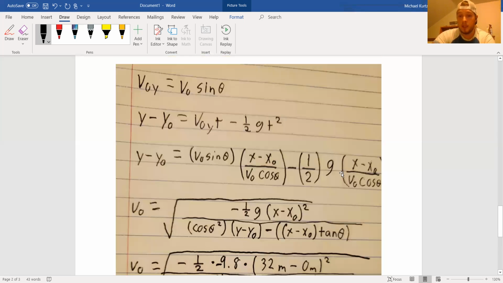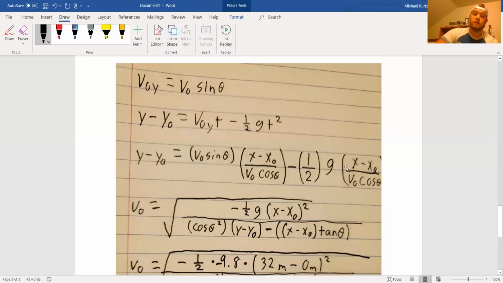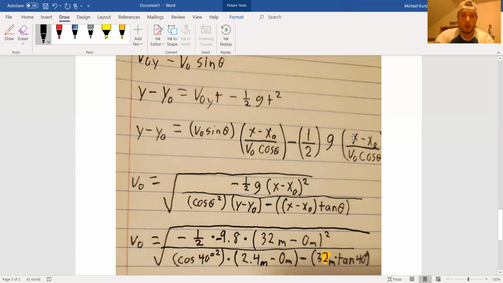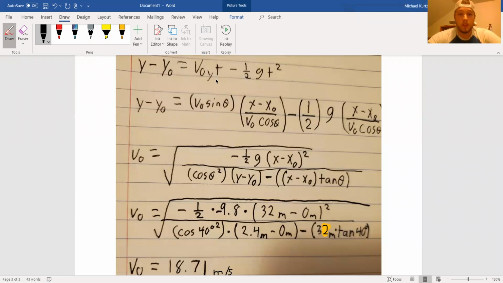We input that again here, and we have our final distance in the x direction minus our initial distance in the x direction, all divided by our initial velocity times the cosine of theta. That should be squared. I accidentally cropped the squared out of the picture here, but that is squared. Actually, why don't I put that in right now? Just a little 2. Yeah, see, squared.